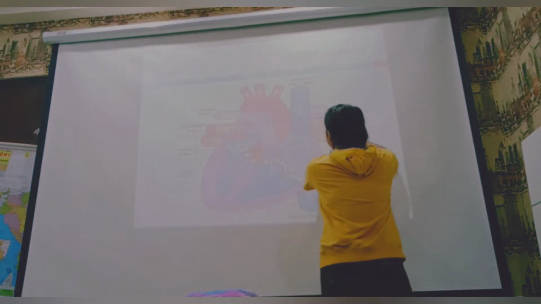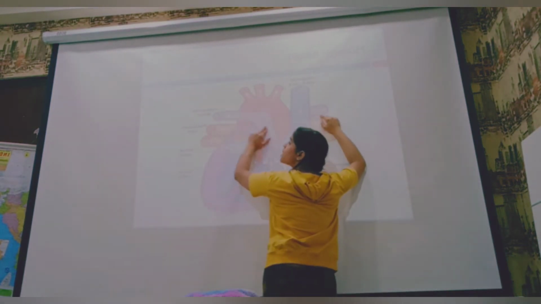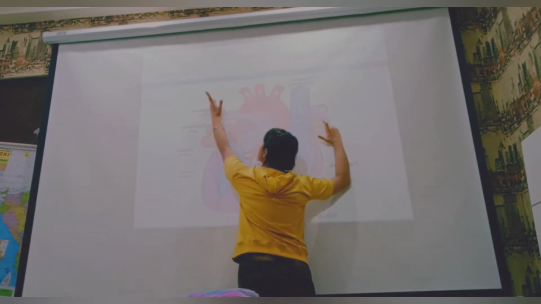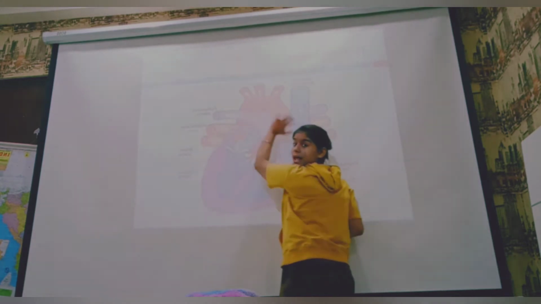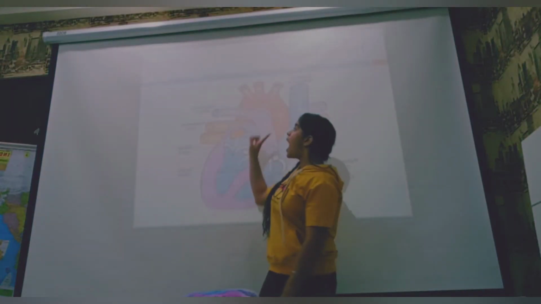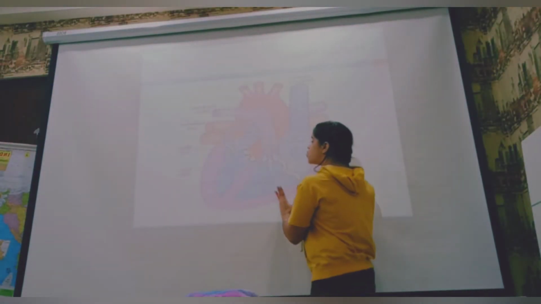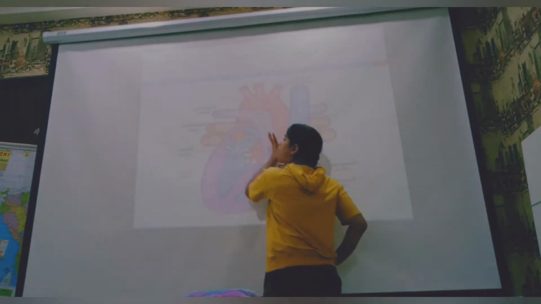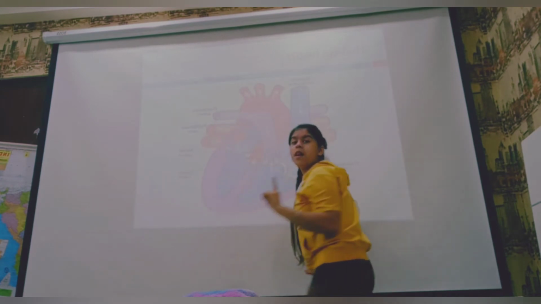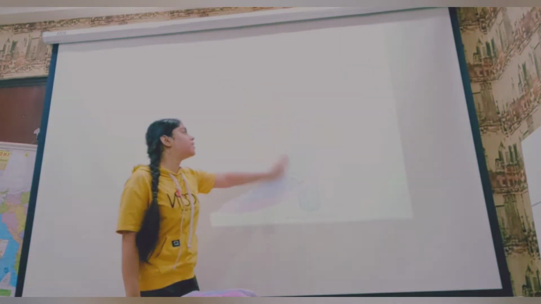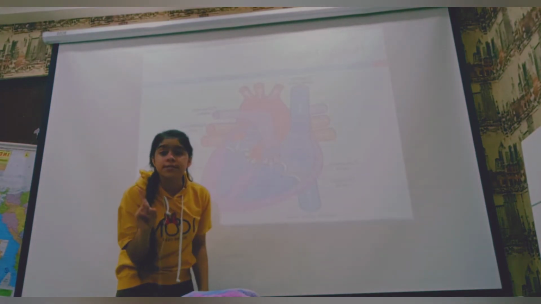Pulmonary artery, say here, it carries deoxygenated blood from the heart to the lungs. फंक्शन समझ आया? पल्मोनरी आर्टरी का फंक्शन है to carry deoxygenated blood from the heart to the lungs, and the function of the pulmonary vein is to carry blood from the lungs back to the heart, that is oxygenated blood.